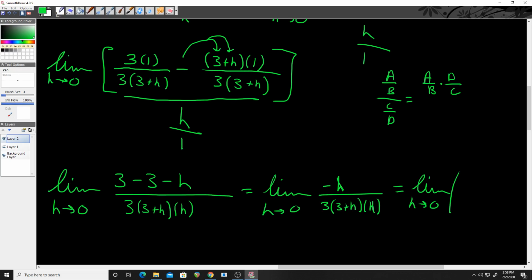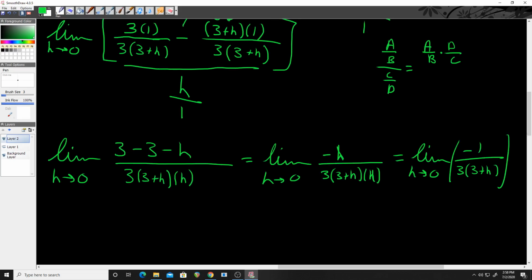So we have negative 1 on top, and then 3 times 3 plus h on the bottom. And now if I go and plug 0 in, I get negative 1 over 3 times 3 plus 0. And 3 plus 0, of course, is 3. Negative 1 over 3 times 3 is 9. So we get negative 1 over 9 for the limit.